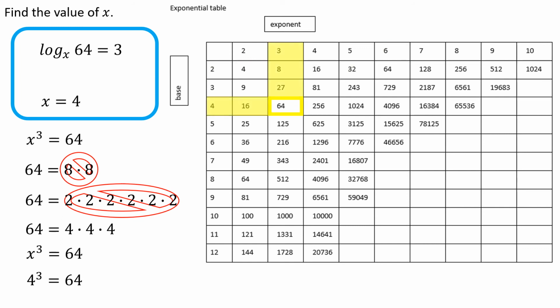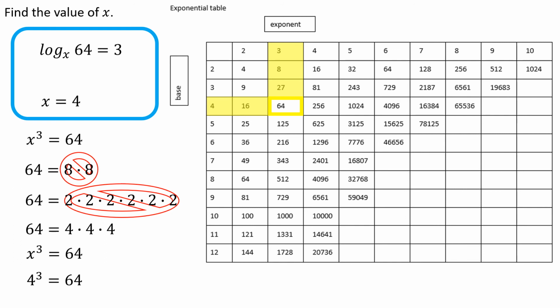So I've got to make sure that I pick a 64 where the exponent is 3. And then I say, oh, 4 to the third power makes 64. So that's how that exponent table can come in and help.